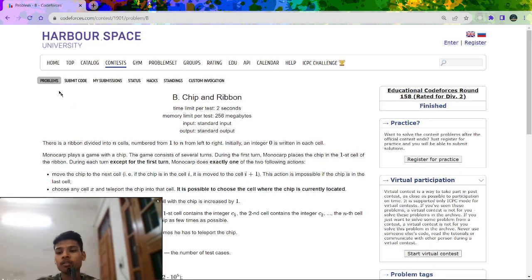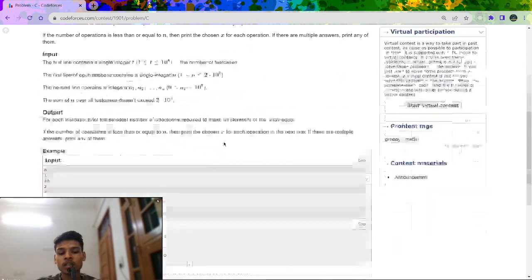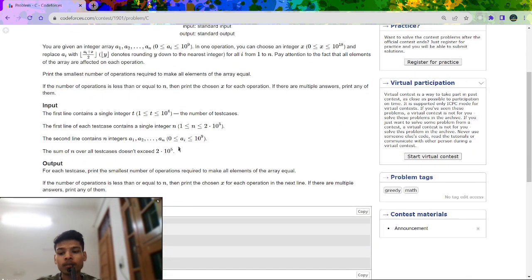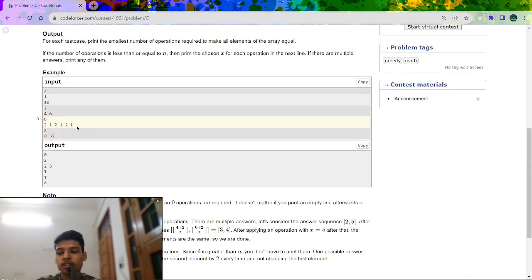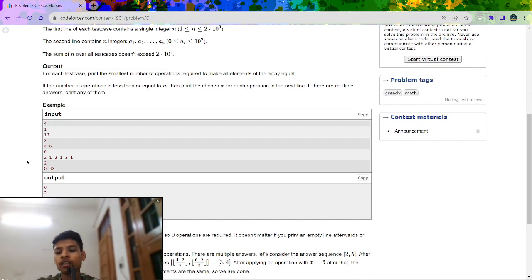Okay, now let's come to the last problem which I have solved. It is problem C. So this problem is pretty interesting. You know why? Because I got some wrong submissions on the problem, then got a right answer. So the problem says that we will be given an integer array A. In a single operation, I can choose any number x and add that number x to every number in my array.